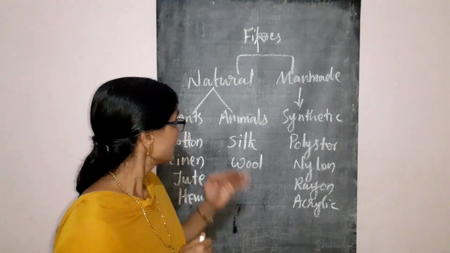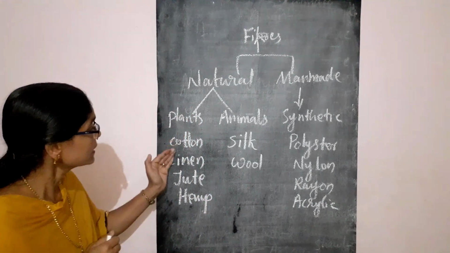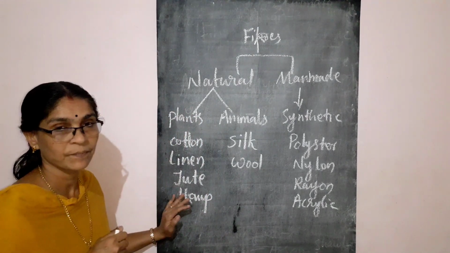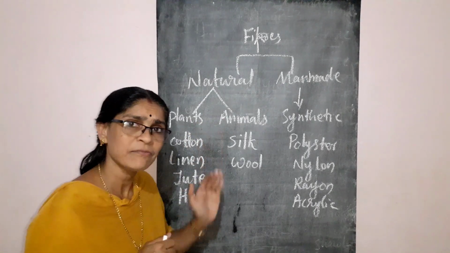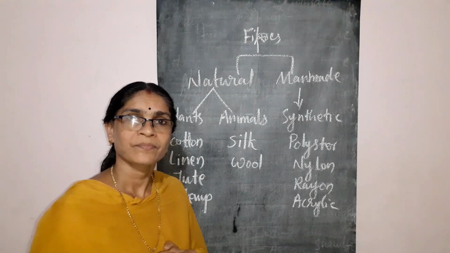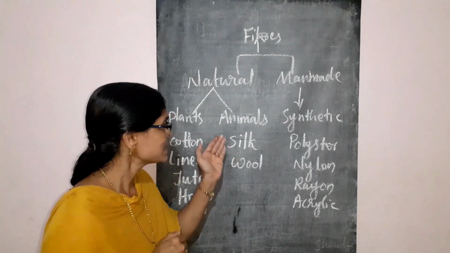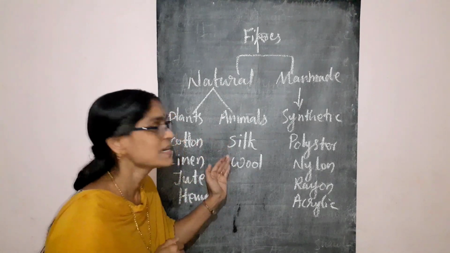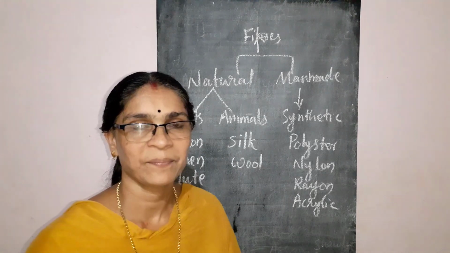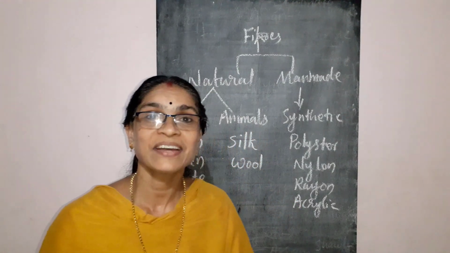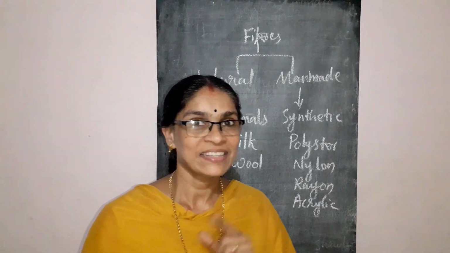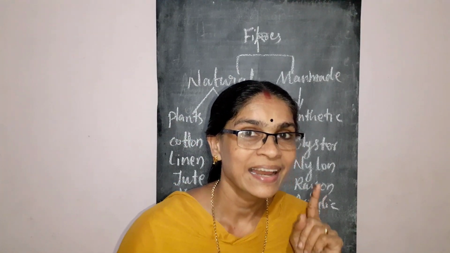Okay. In the last year, you studied about plant fibers. Do you know more about animal fibers? Let us know more about animal fibers today. So, we are going to start our new lesson. Which is our new lesson?